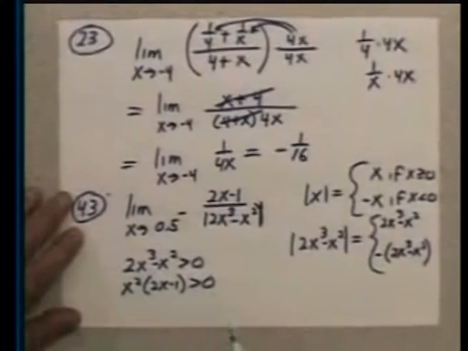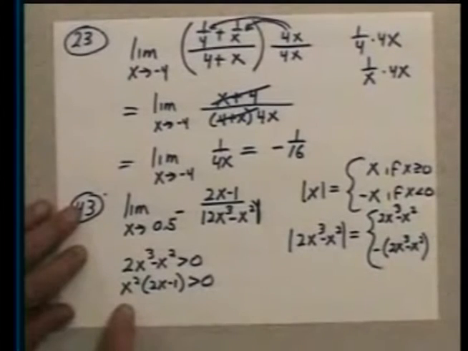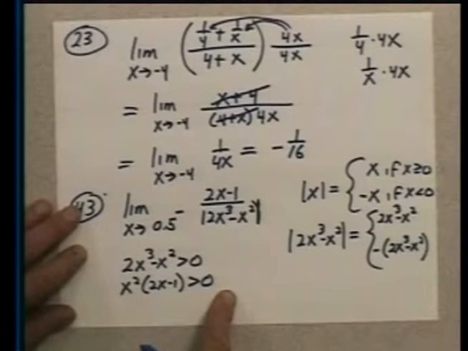If I factor out an x squared. Now I'm multiplying two things and it has to be positive. When do you multiply two quantities and get a positive answer? If they're both positive or both negative, right?